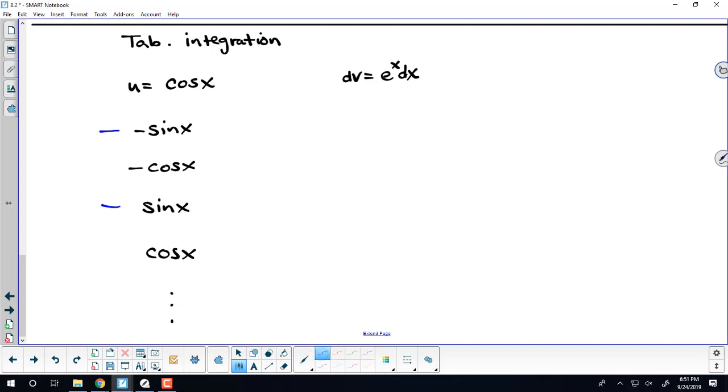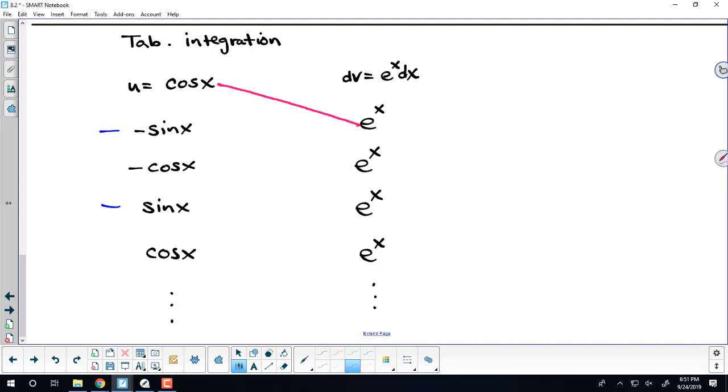And then the antiderivatives on the right-hand side would continue as well. So at some point you have to know when to stop, right? Because this doesn't yield anything that terminates like the other ones we've looked at. Still the same idea though.